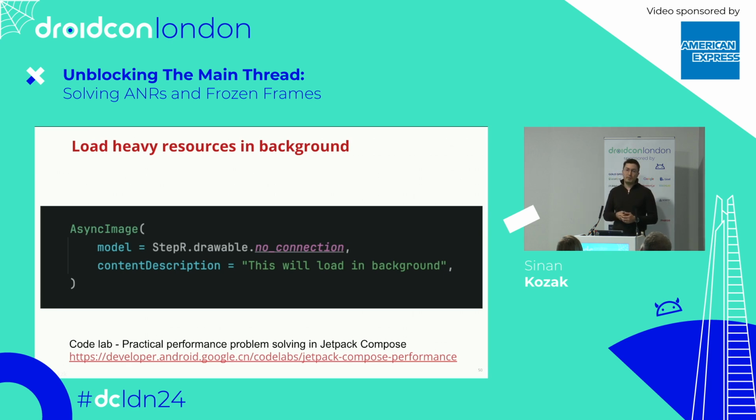Coil, Glide, or whichever image loading library you're using, they have this resource support. You can load on-device resources with those image loading libraries, with the in-memory cache, and with all of the benefits. This will allow your first frame to finish quickly, and it will update the icon whenever the loading happens in the background thread you specified. And we had almost 12 icons on the main page. By doing this, we reduced the frozen frames a lot.